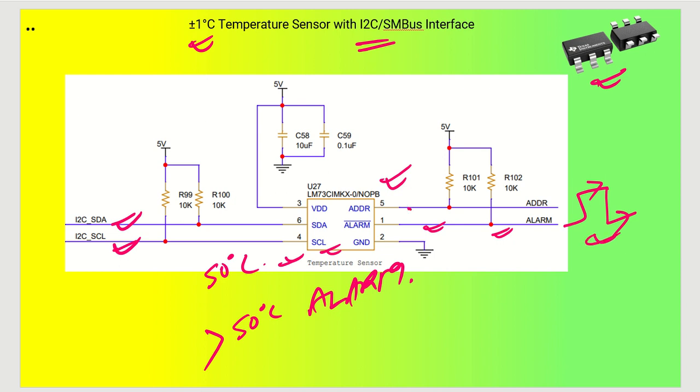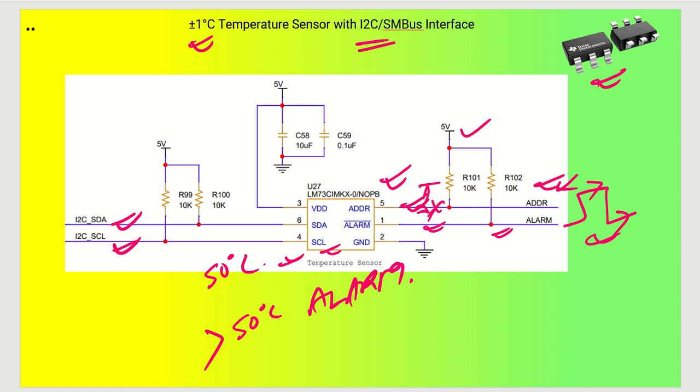Another pin is the address pin. Okay, so the address pin can have three options. We can either keep it open, or keep it grounded, or keep it high to the voltage. I have kept it high to the voltage with a 10 kilo ohm pull-up. So this is one of the techniques to keep the address 1. And this is also going to the microcontroller pin.